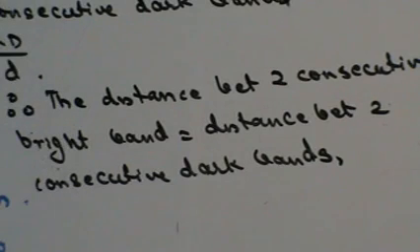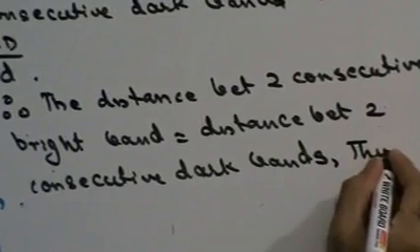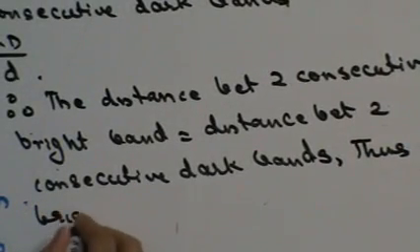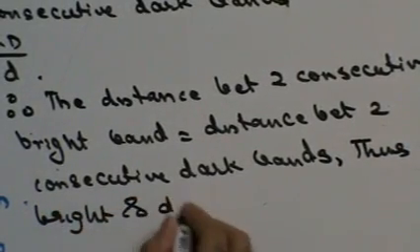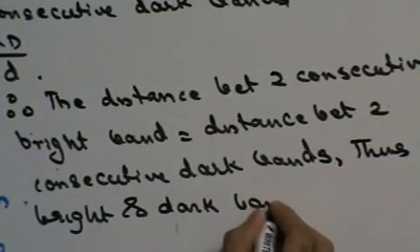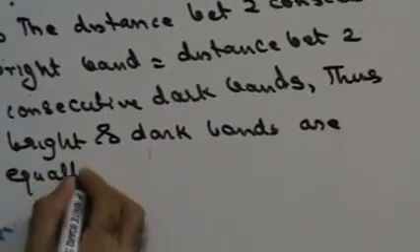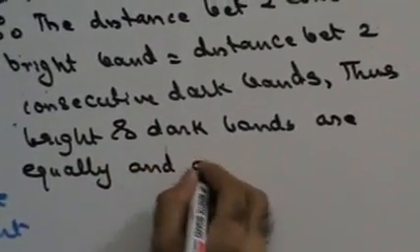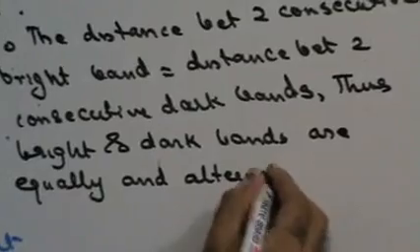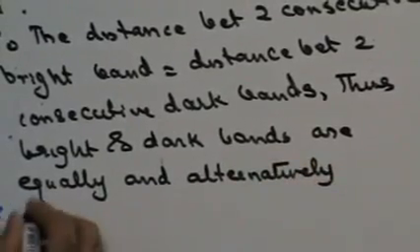Thus I can say that bright and dark bands are equally and alternatively spaced.